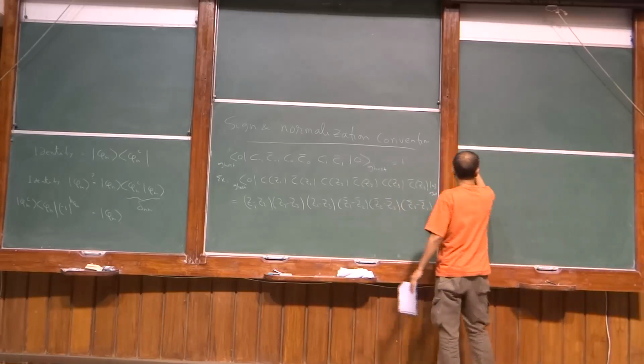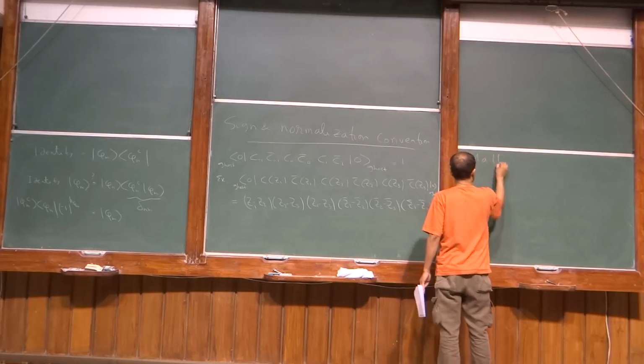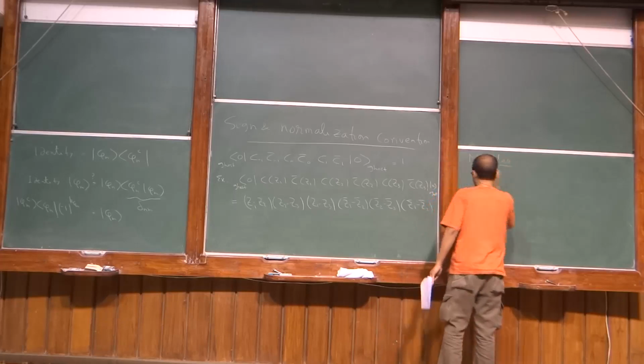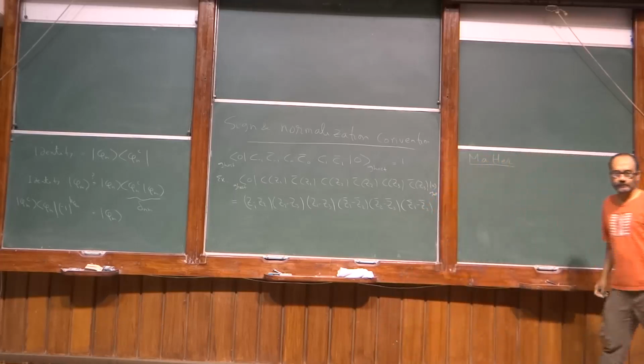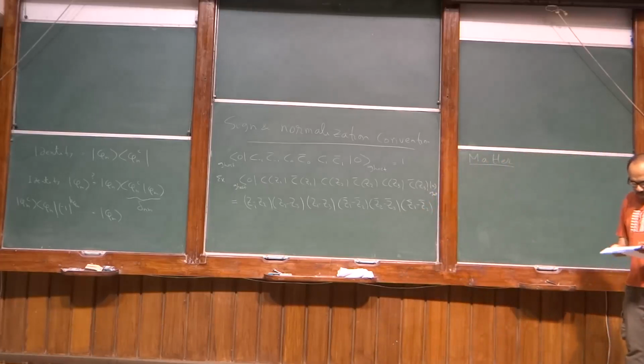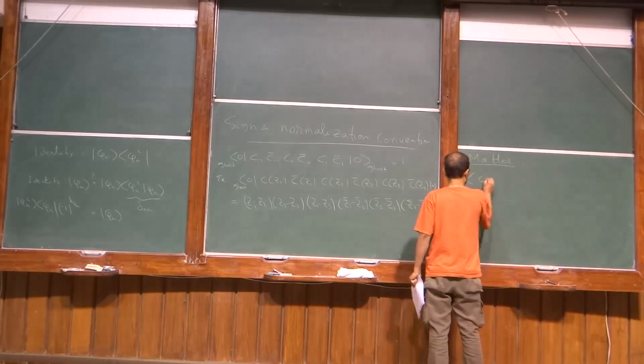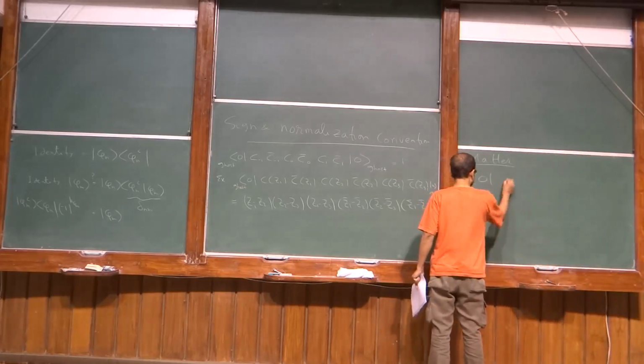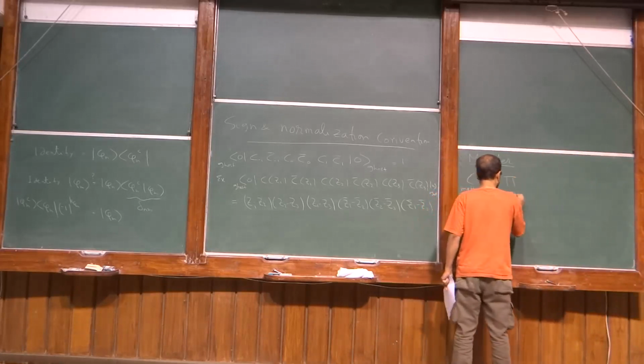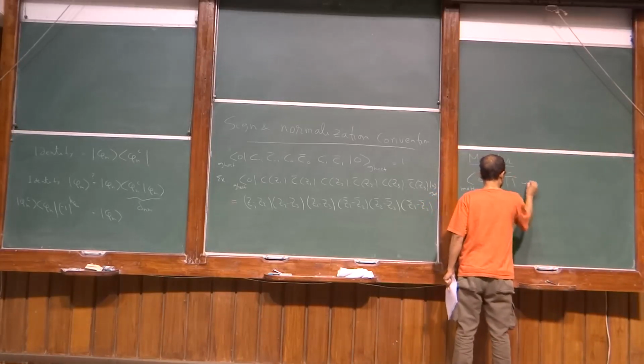Now for matter, we use the following normalization convention. Imagine that we have a correlation function of this kind.